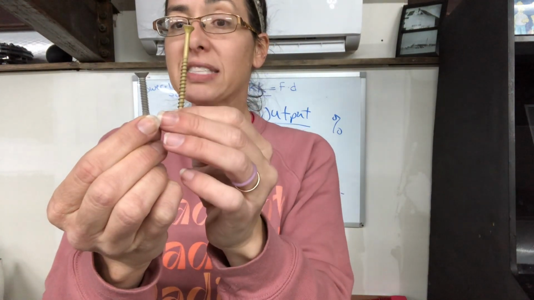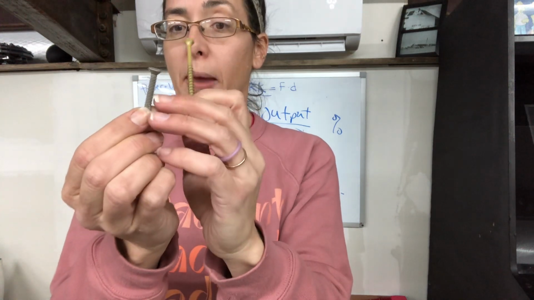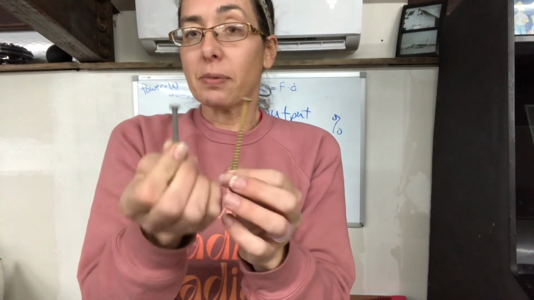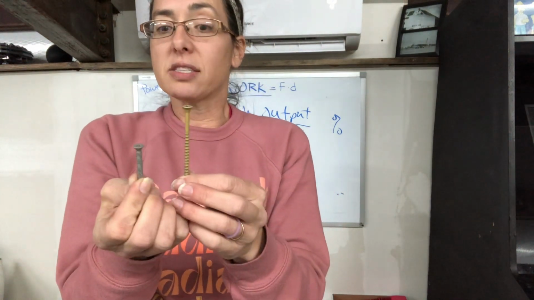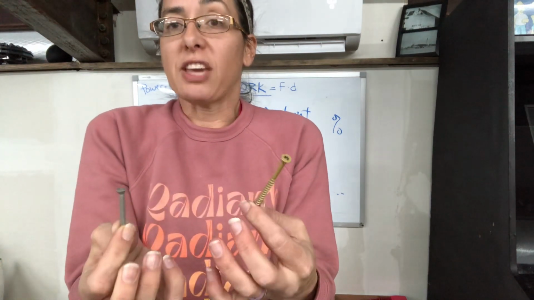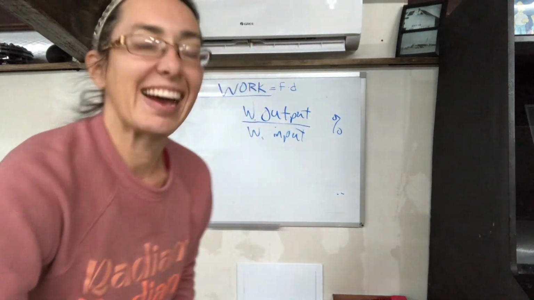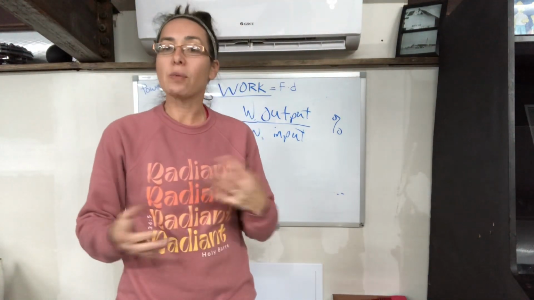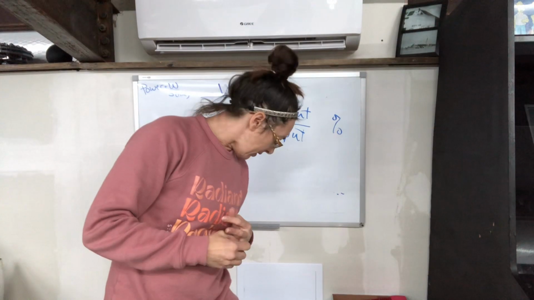Every turn, you're maybe only moving a millimeter. However, the material that it's going through, if you're going through metal, is not going to have much give or leeway. Those are a couple of the simple machines and how we use them in everyday life.